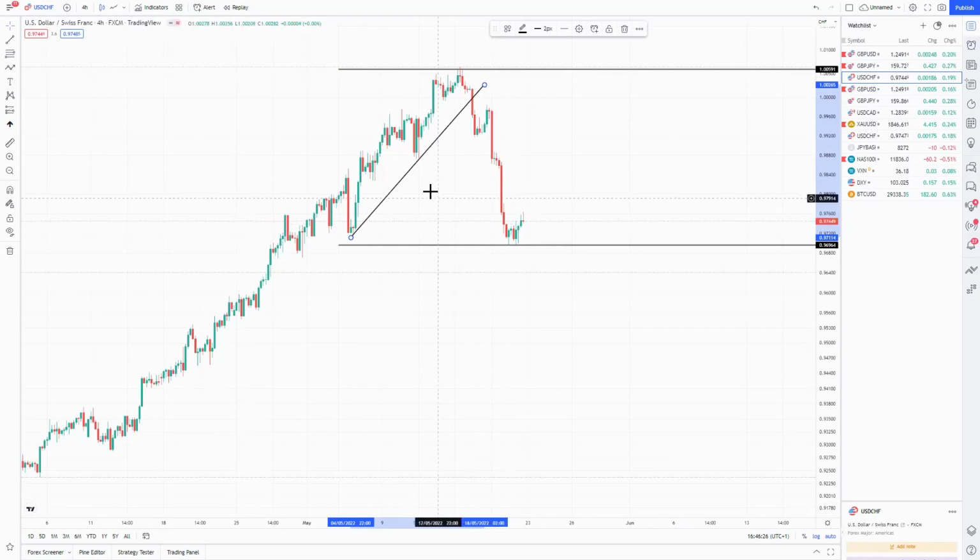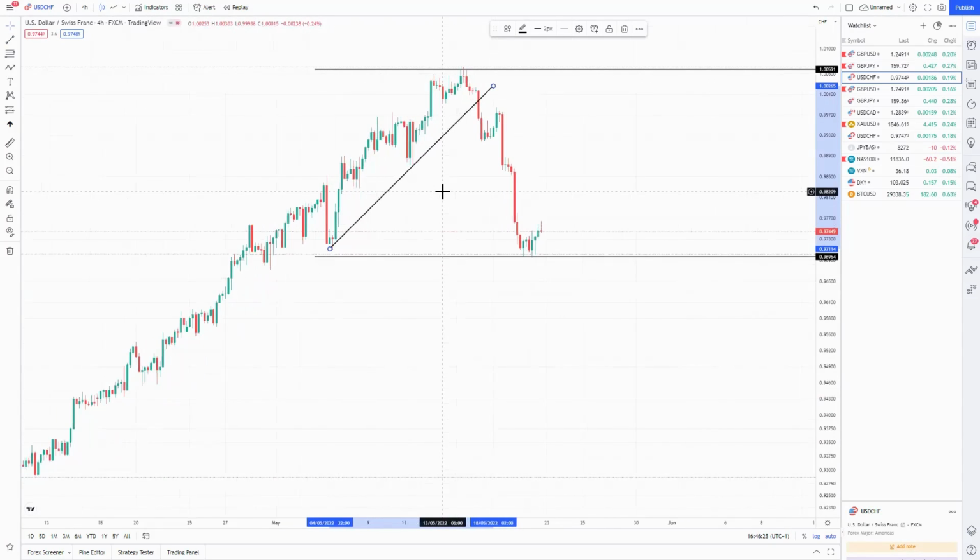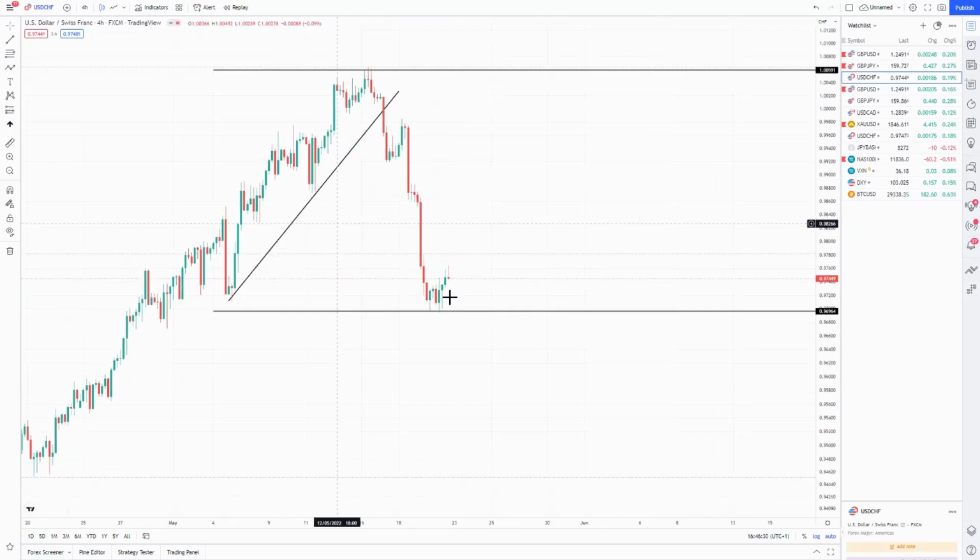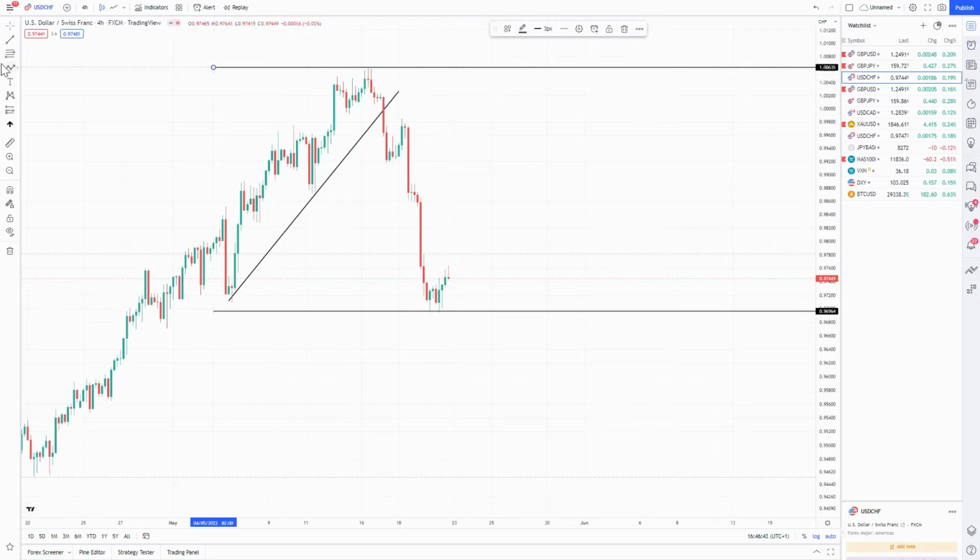So let's just pay attention to this point. Okay, this is USDCHF. It has been selling. So is this a beginning of a bullish reversal on USDCHF? Okay, let's use a rectangle to mark this. Good.